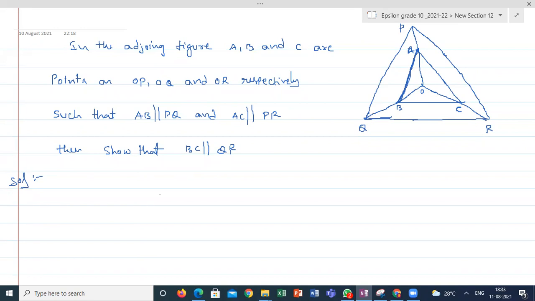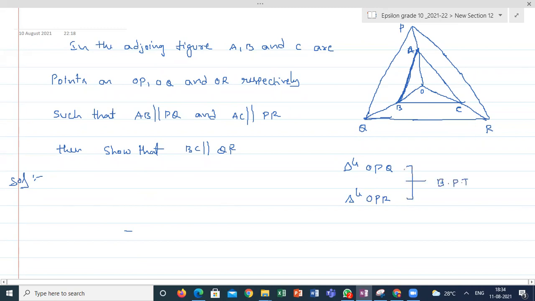The clue is you take triangle OPQ and triangle OPR, and apply the basic proportionality theorem.